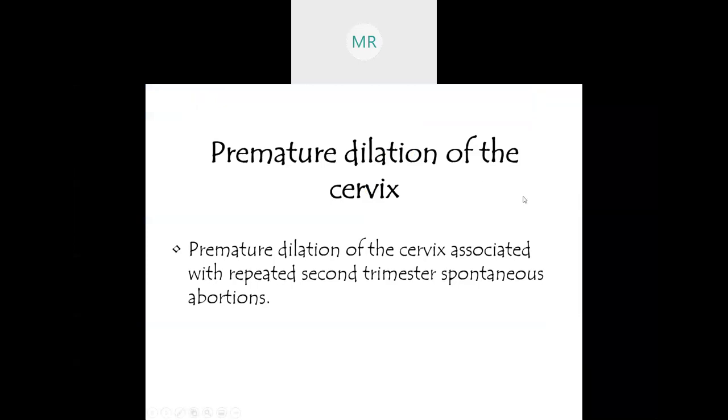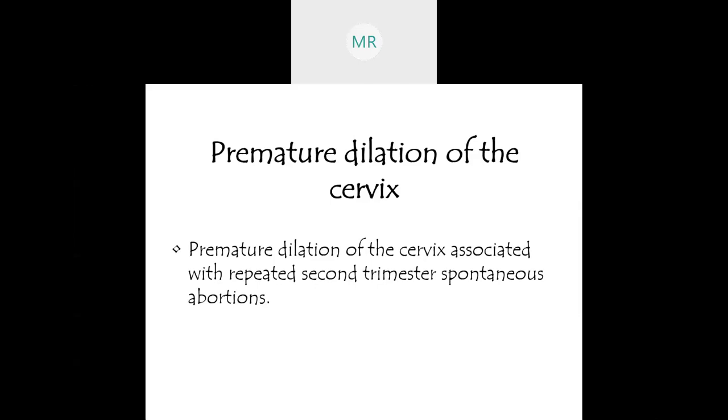Premature dilation of the cervix. This was previously termed incompetent cervix, but we don't want to call our cervix incompetent, so the term changed to premature dilation of the cervix. This is premature dilation associated with repeated second trimester spontaneous abortions.